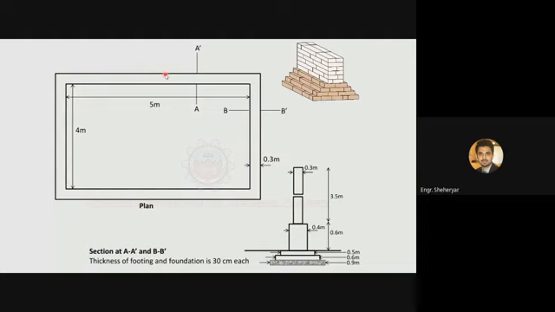It depends upon you. So let's assume that we are considering these horizontal walls as long walls, and these vertical walls are assumed to be short walls.